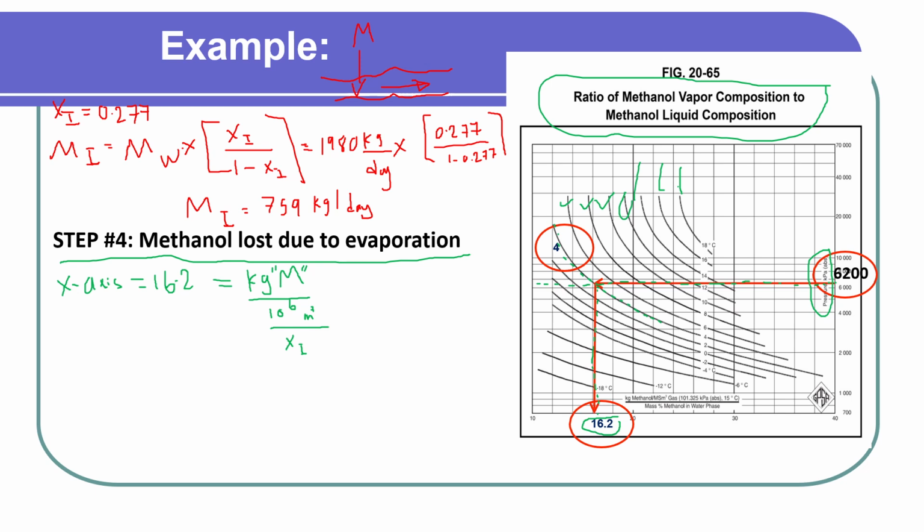So I can simply now find the loss of methanol through evaporation, or in the vapor phase.